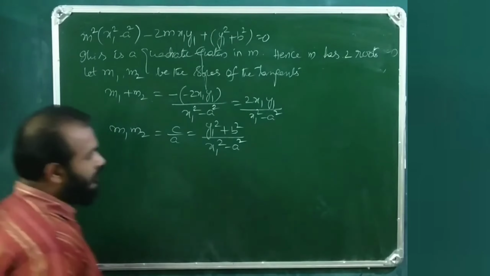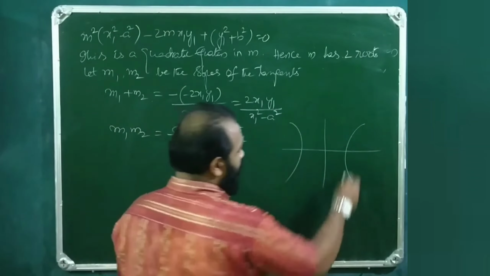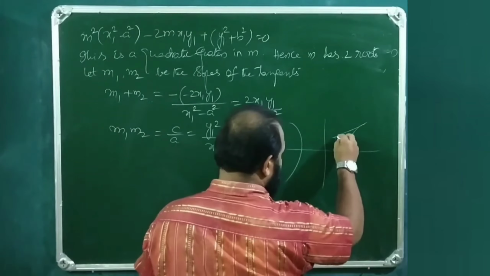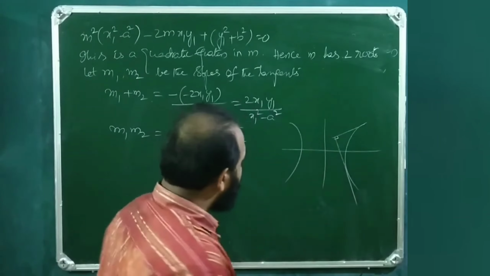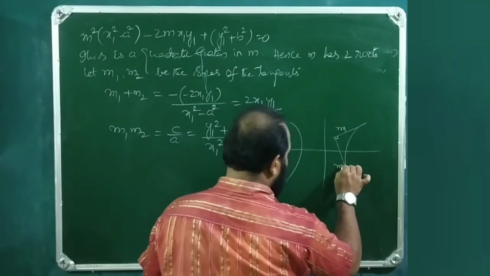So here this is the hyperbola, and these two are the tangents. Let the slopes of them be m1 and m2.